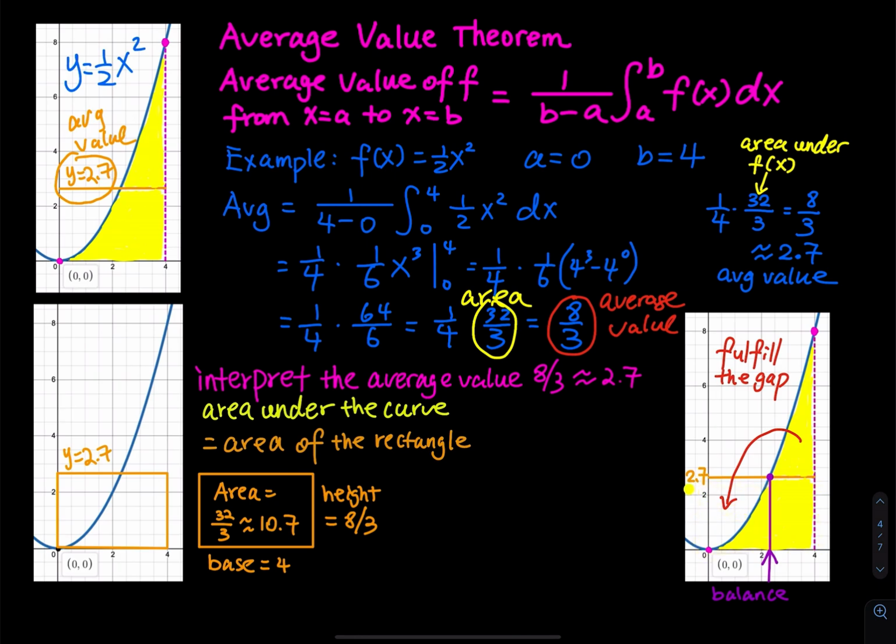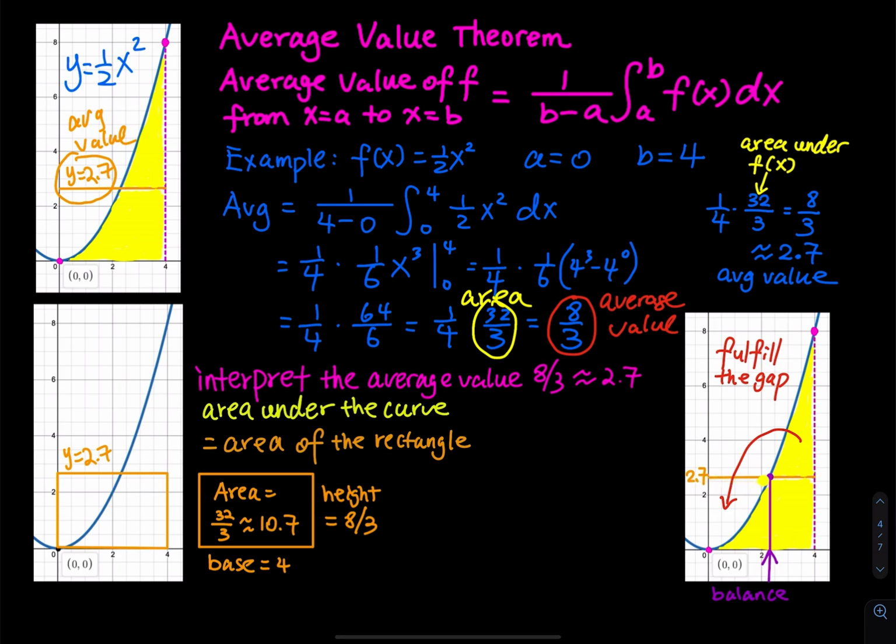Once again, I cut the region horizontally at 2.7, and I can use this piece to fulfill this gap, and the area of this rectangle is equal to 10.7, which is equal to the area under the parabola from 0 to 4.